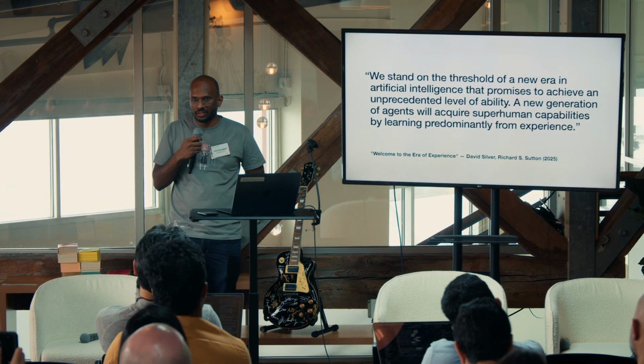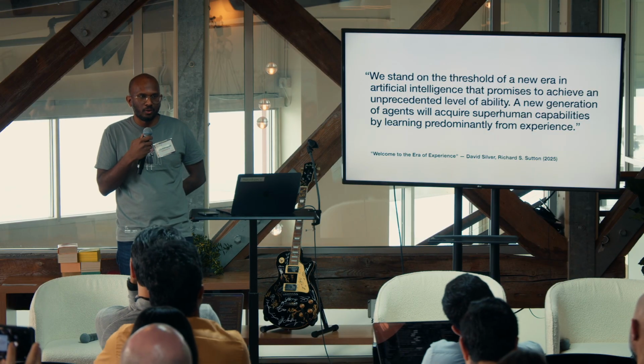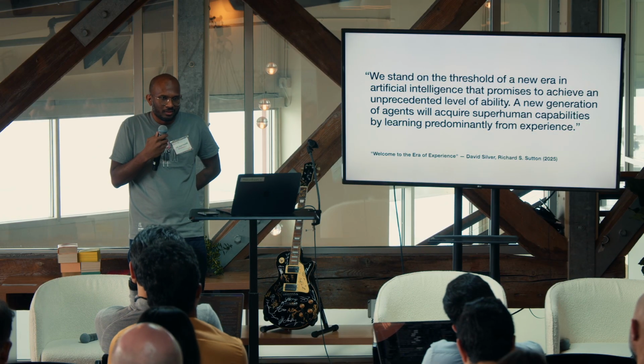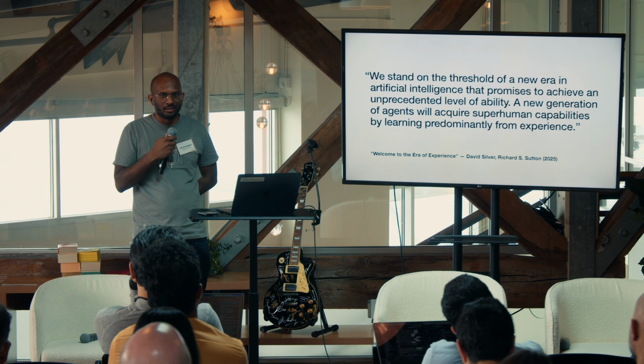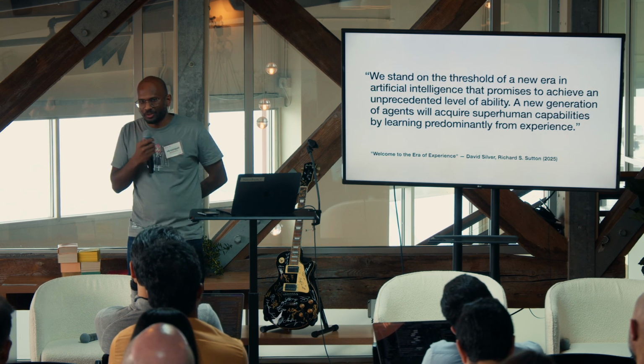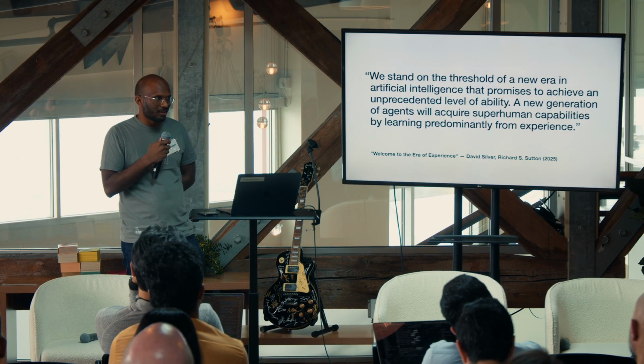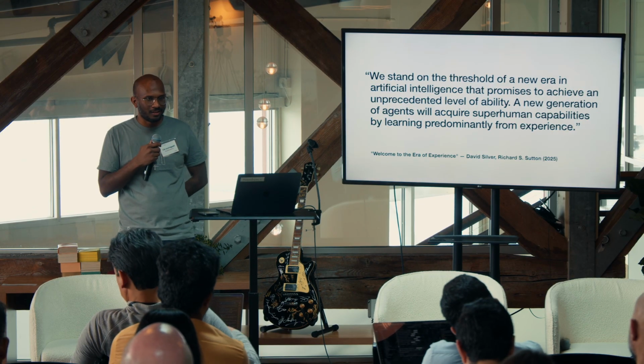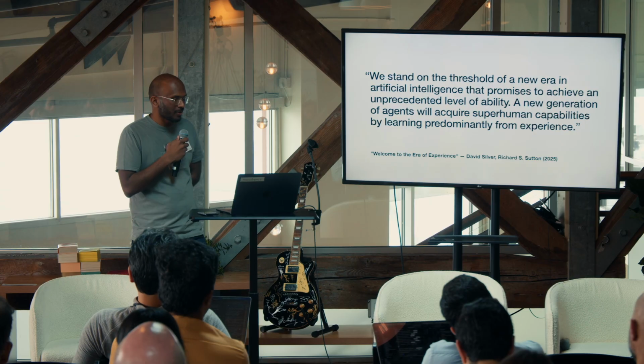With the recent advancements we're seeing, we're in a new era of experience where the models can just try a lot of things out and learn from that, and he argues that that's what's going to get us to superhuman capability, which is interesting if you're trying to build AGI, but I also think it helps us build better businesses in the short run.